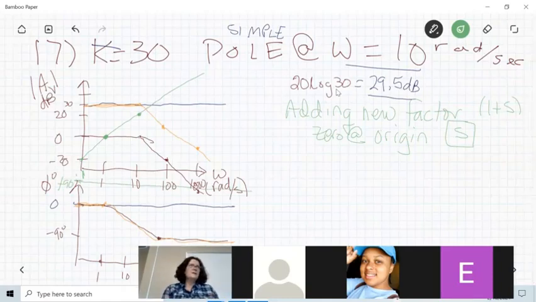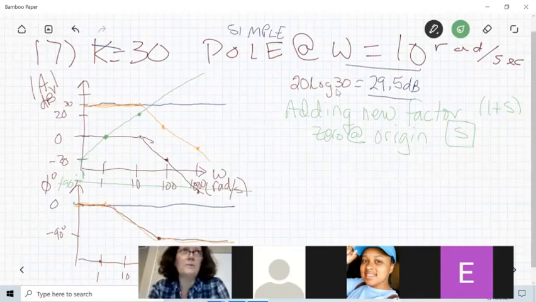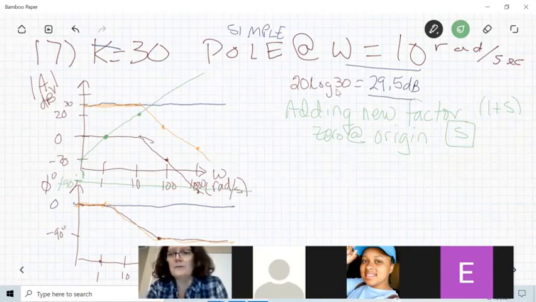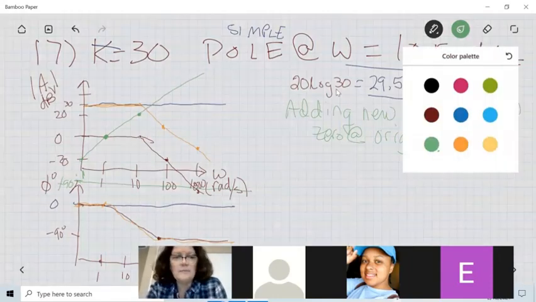If I want to find the composite for adding the 0 in, I can take the old composite and just add the green graph to it. I need another color. This is why I carry around 20 different colors of markers. Something blue.